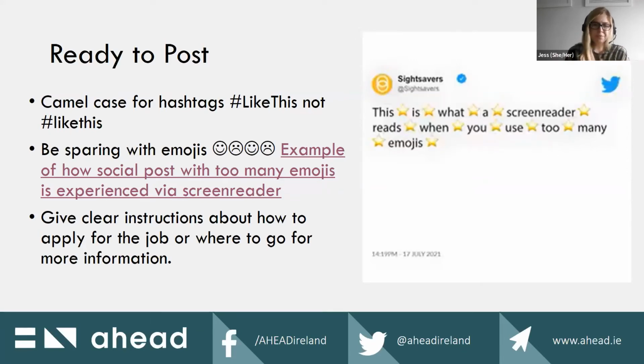Also, if you're not familiar with certain words or terms, or if you have a plural of a word, it can cause confusion if you have quite a long hashtag for anybody to distinguish what are the individual words here, what's actually being said. It can be difficult to understand. So I'd always encourage using camel case for any of your hashtags.